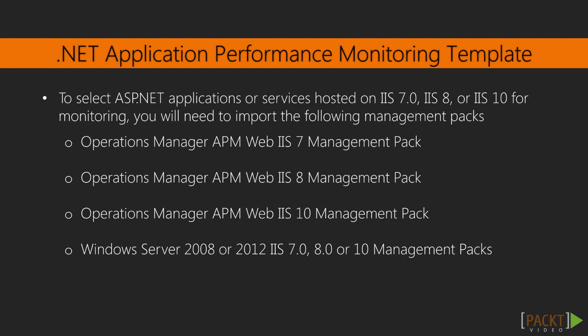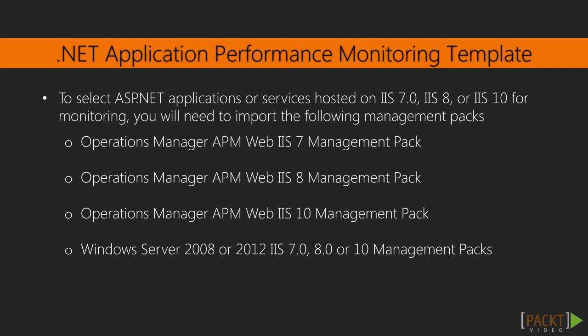For the prerequisites for the .NET Application Performance Monitoring template, in order to select an ASP.NET application or service that's hosted on IIS 7, 8, or 10 in the console, you actually have to import the Operations Manager APM Web IIS 7 Management Pack, or the IIS 8 Management Pack for IIS 8 applications, or the APM Web IIS 10 Management Pack, depending on what version of IIS you have installed, and the Windows Server 2008 or 2012 IIS 7, 8, or 10 management packs.